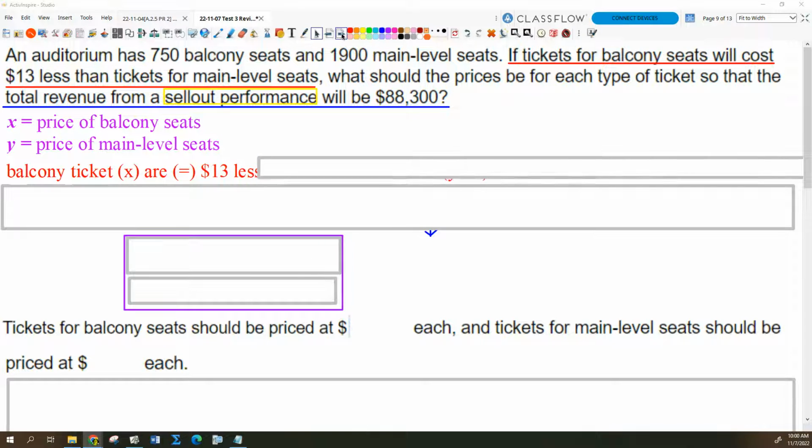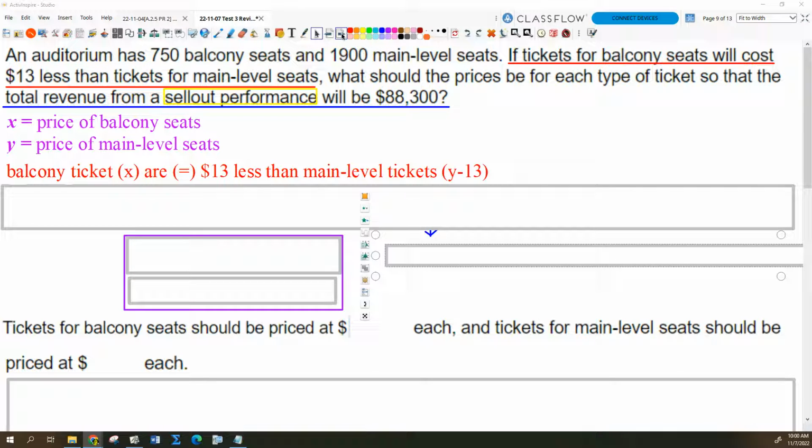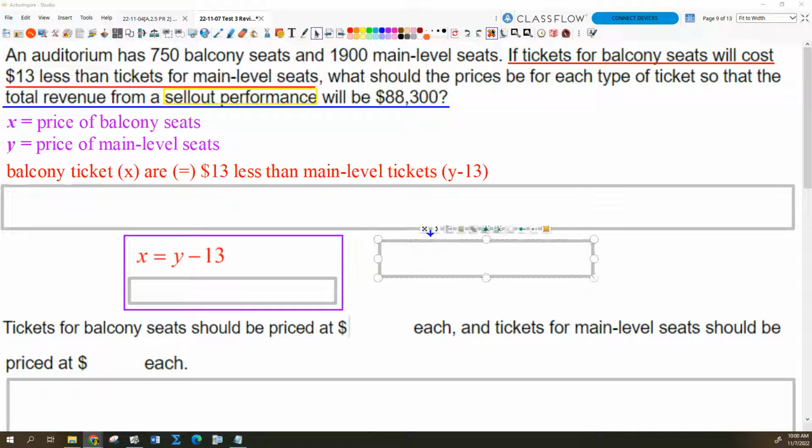Balcony tickets X are, which means equals, 13 less than main level tickets. Good, so that's going to be Y minus 13. Everybody agree? So there's our first equation. Okay, there's the red equation. Give me thumbs on that. I need feedback. I need to know where we are.